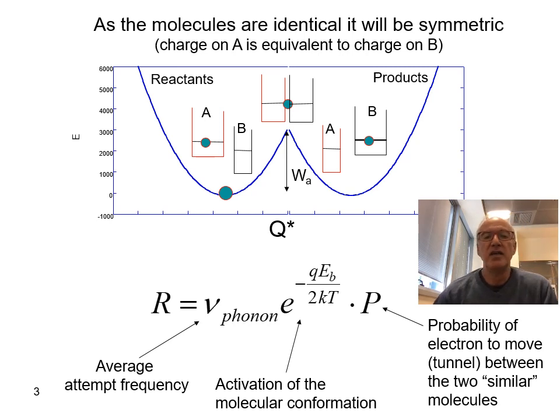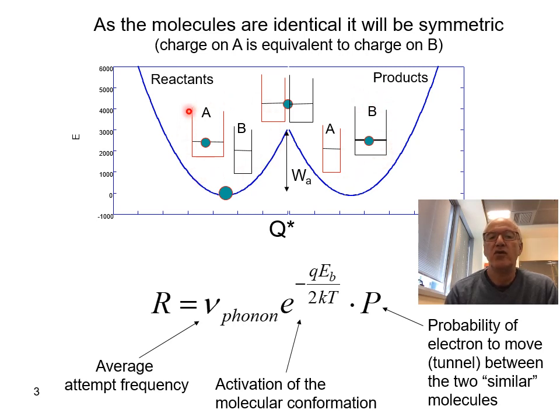And then we said that the best way to visualize charge transfer between two such molecules is to consider the system as made of two molecules. The one that contains the charge, in this case, is A, and the one that's going to receive the charge.